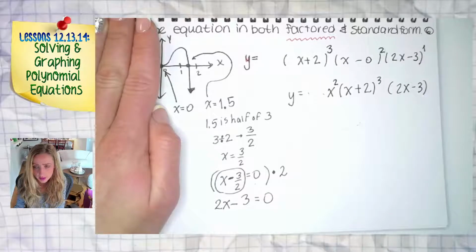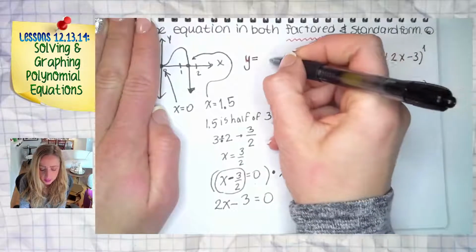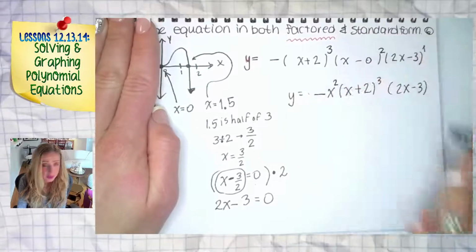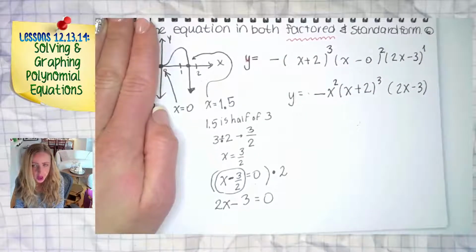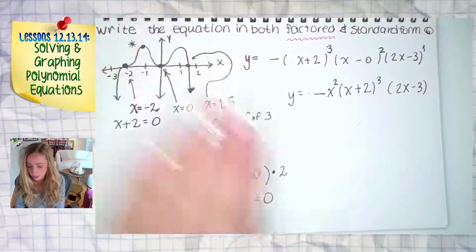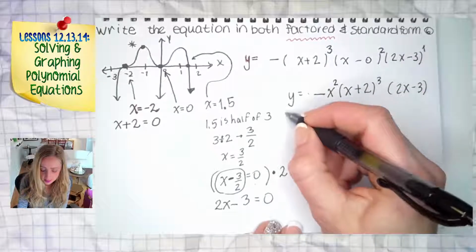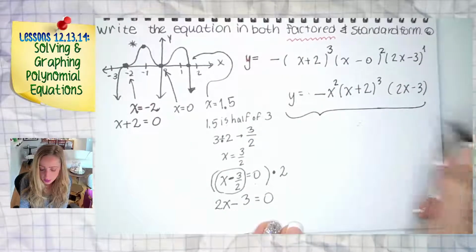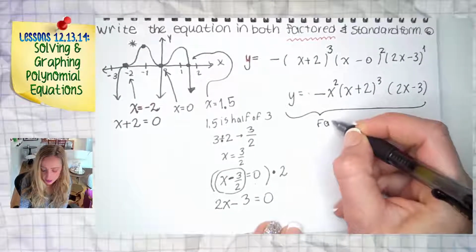Good. I see negative. So all we need, I'm going to put a negative. Now, could it be a -1 or a -2 in front? Maybe. But why would you create more work for yourself, right? We just keep it simple, keep moving. So this is an acceptable answer of factored form, right?